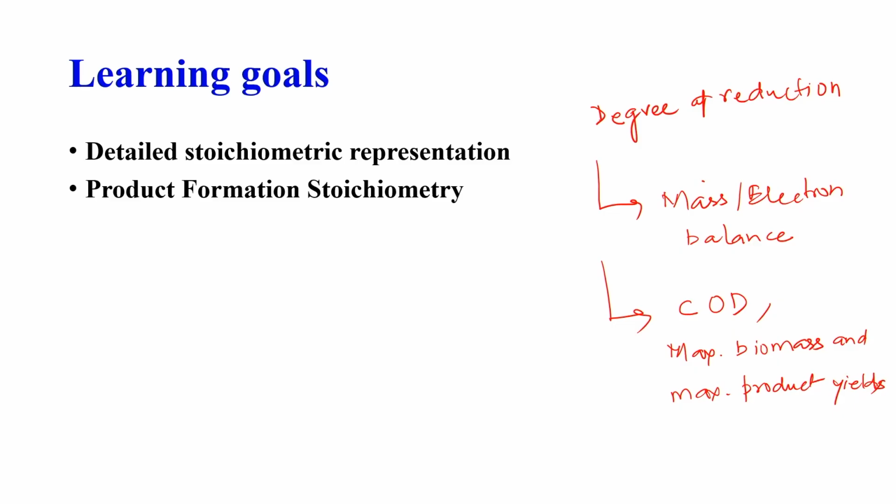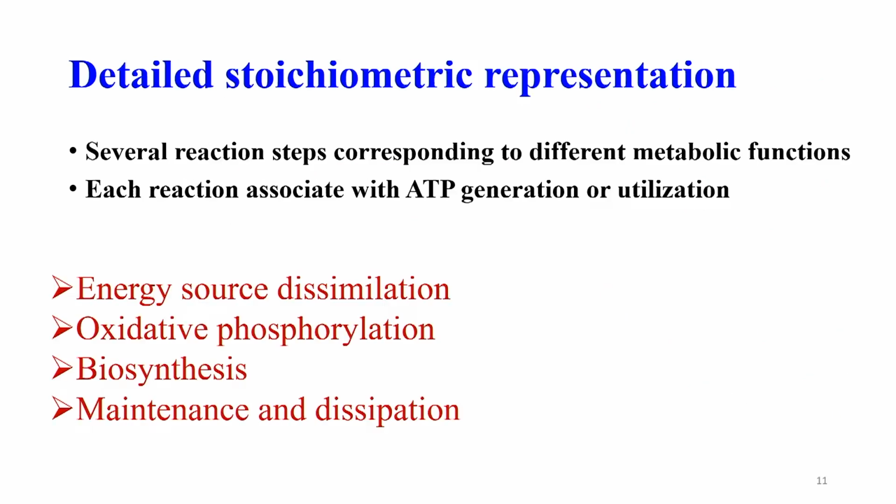So, today we are going to proceed further, particularly on how to write the product formation stoichiometry. Before going further, we will see a detailed stoichiometric representation considering a few steps: energy source dissimilation, oxidative phosphorylation, biosynthesis, maintenance and dissipation.